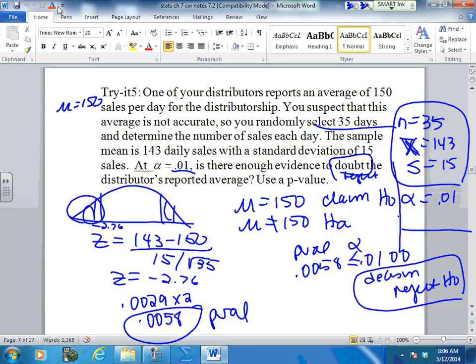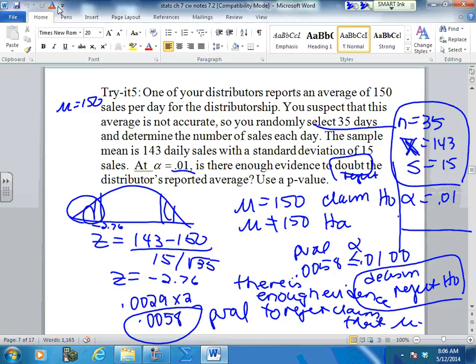There is enough evidence, and H0 uses the word reject, to reject the claim that the mean average is equal to 150 sales per day. You do all this work to present this to whoever asked you to challenge this. And that's the statement you give them back.